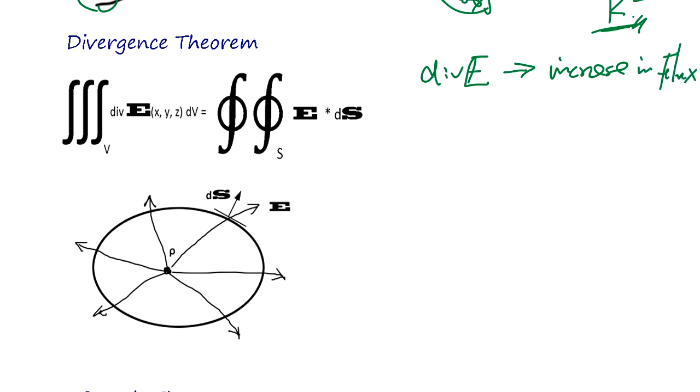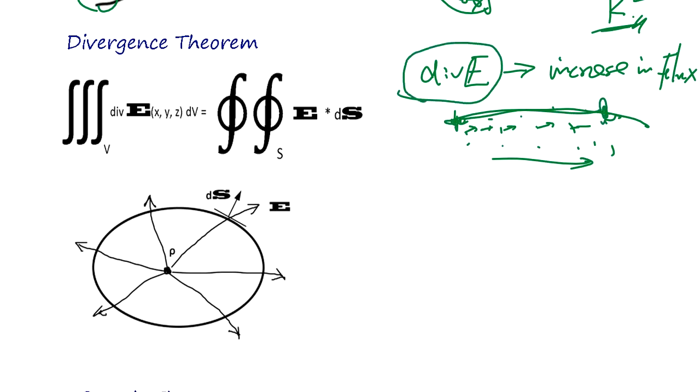If the electric particles are distributed, each particle is going to generate new flux. So from here to here, the amount of flux increases. That's the divergence of E.